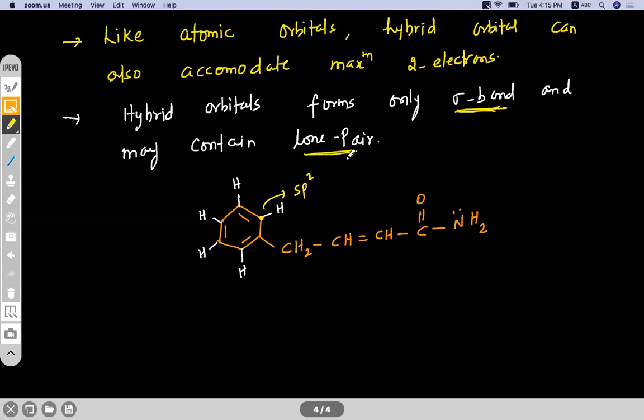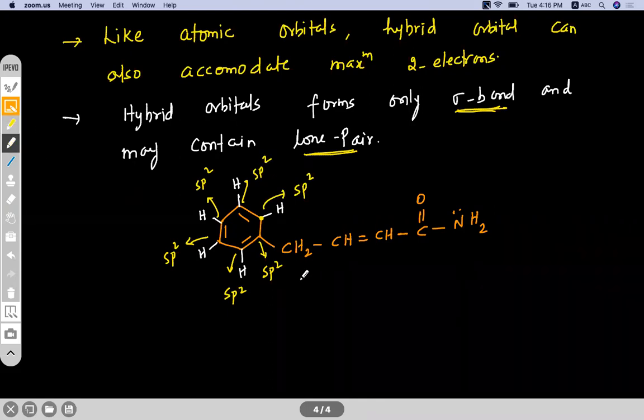We'll discuss more examples of this one. But just for reference, if I ask you to find out the hybridization of each carbon atom here, all the carbon atoms in the ring are sp2 hybridized, yes or no? This carbon is also sp2 hybridized.